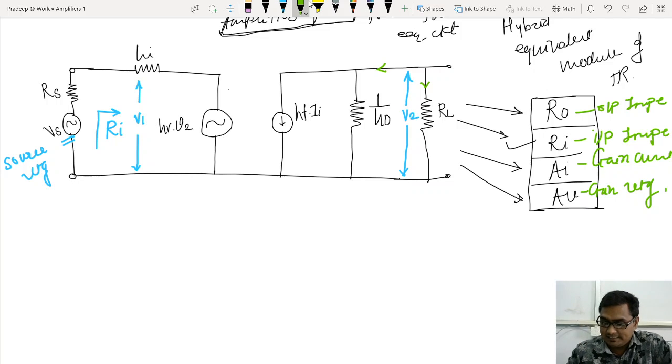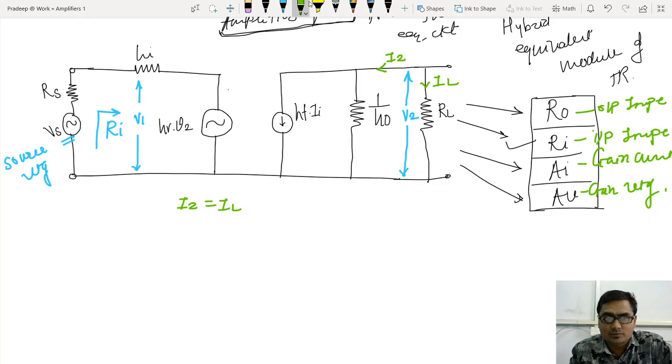But here we are in the equivalent circuit. So this represents output current I2 and this represents load current IL, and both are the same in magnitude but opposite in phase.